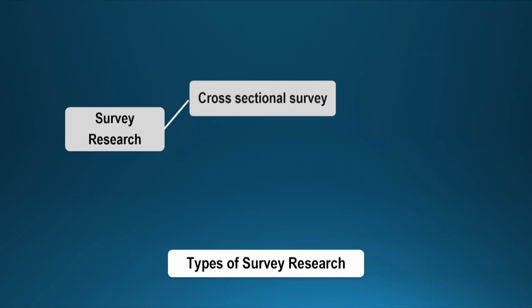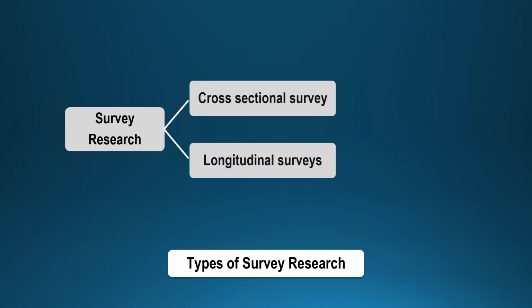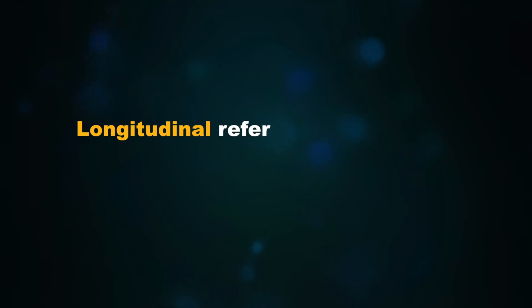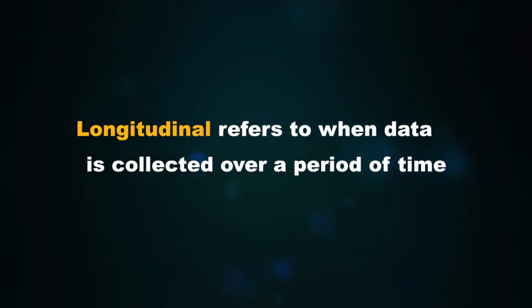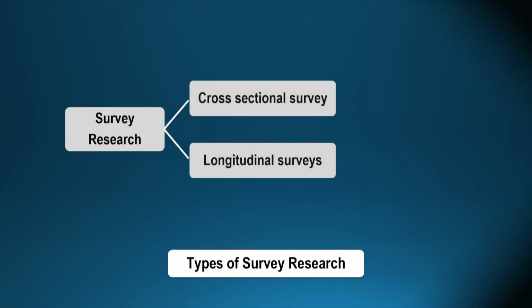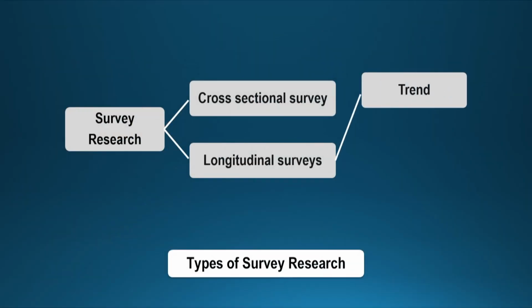Survey research can also be classified into cross-sectional survey, where a snapshot of a defined population is taken and data is collected, or it can be classified as longitudinal survey. As the term indicates, longitudinal refers to data collected over a period of time. Longitudinal surveys can be trend surveys, where we try to determine the trend.